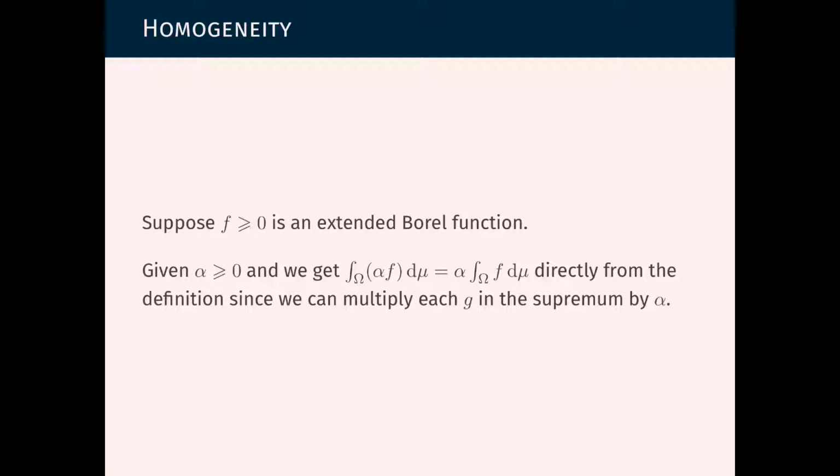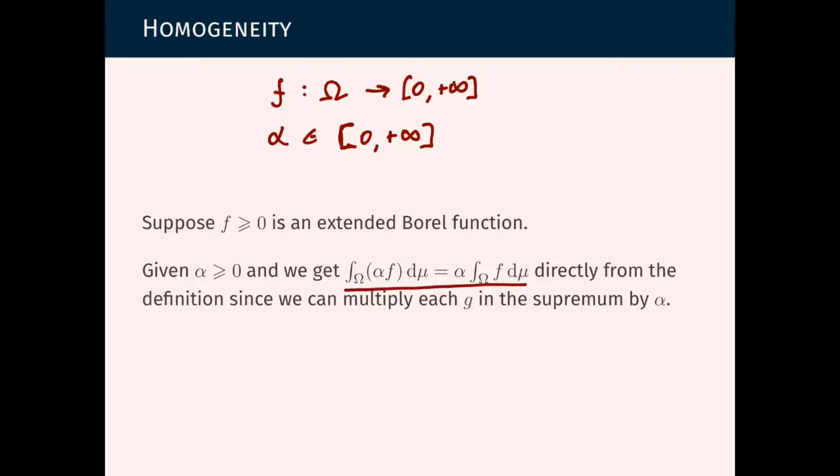Homogeneity means if f is a non-negative extended Borel function, and alpha is a non-negative extended number, then we want to prove this equality here, that constants, even if they are infinite, can go out of the integral.